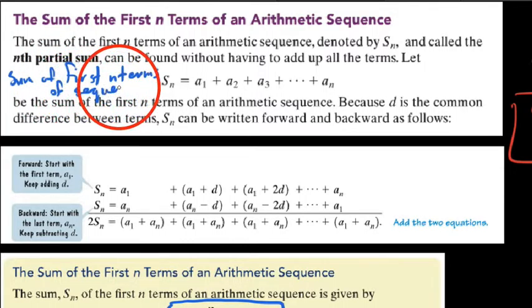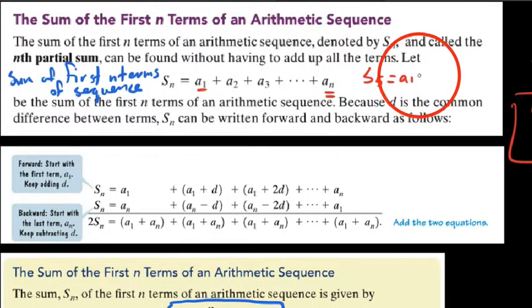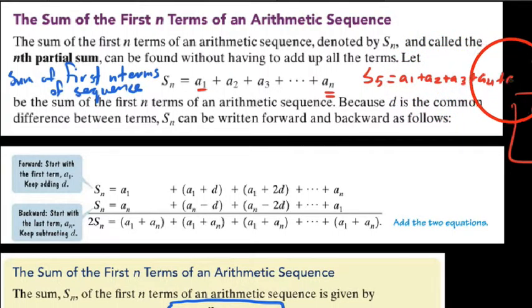And so essentially what we're saying when we write Sn is, would you please and thank you go, starting at the first term, add up all the terms from it to the nth term wherever I tell you to stop. So if I were to write, for instance here, S5, we truly would mean A1 plus A2 plus A3 plus A4 plus A5. That would be an example of what we're talking about here.